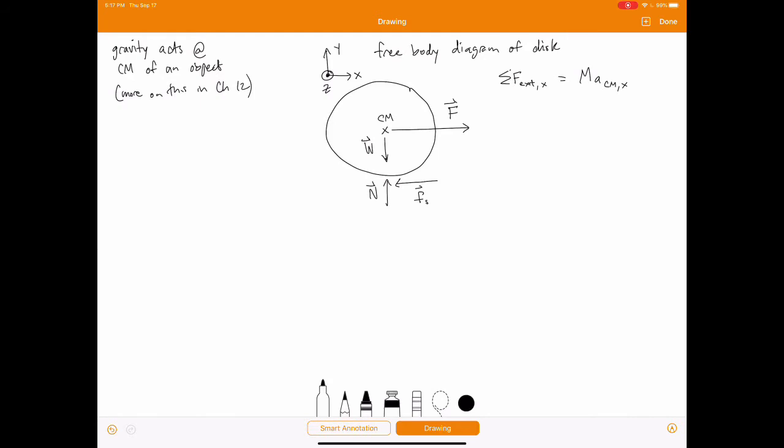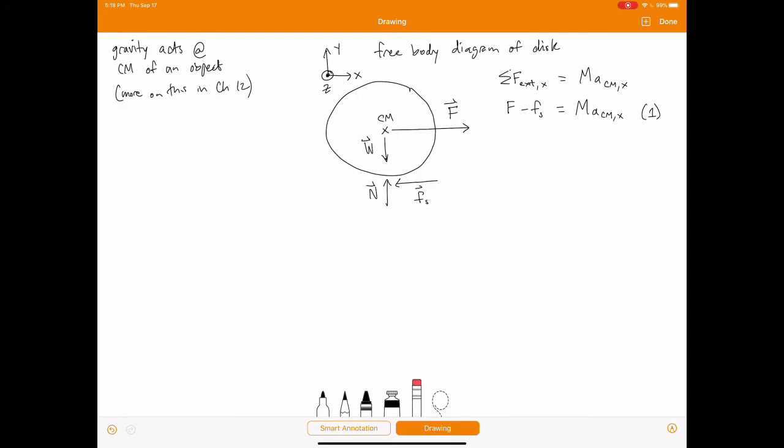We have the force F going to the right, and then we have static friction going to the left, so that will pick up a negative sign. And that should equal m times a_CM, the acceleration of the center of mass in the x direction. We can take this further, but for now, let's just leave it as is and call that equation 1. We'll come back to it later.